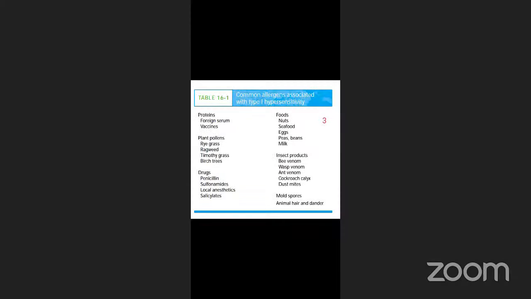We have a few compounds that have the ability to induce or activate hypersensitivity reaction one.